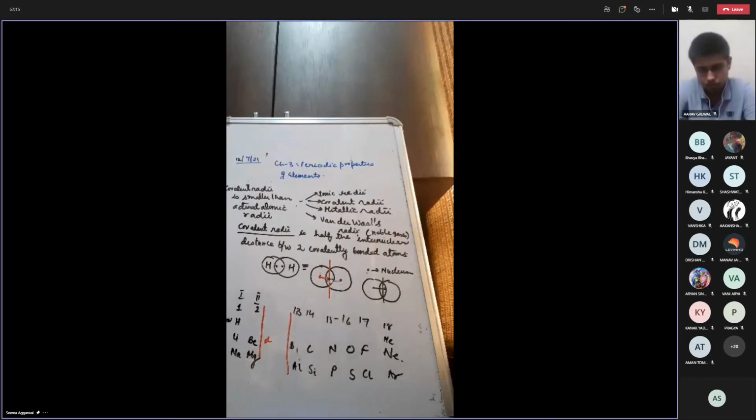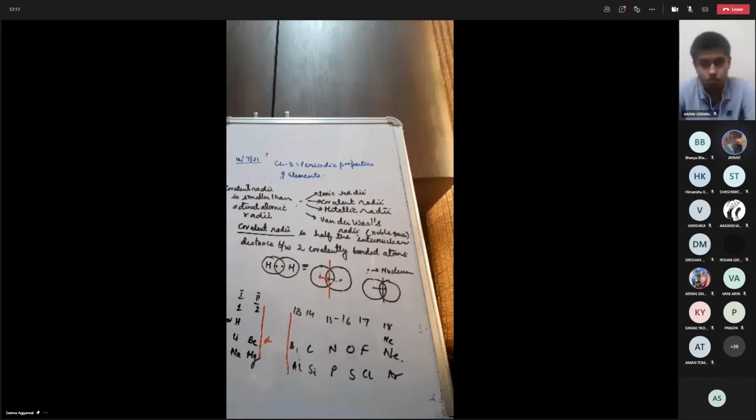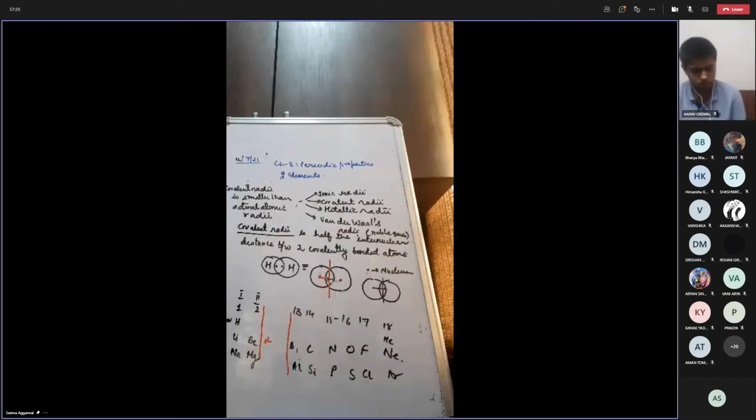Write down the answer. Ma'am, according to Heisenberg's uncertainty principle, we cannot state the exact position and velocity of an electron in an atom. So, ma'am, it's not possible. Yes, write down the answer.